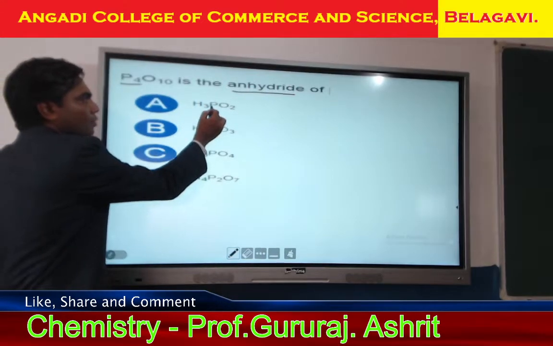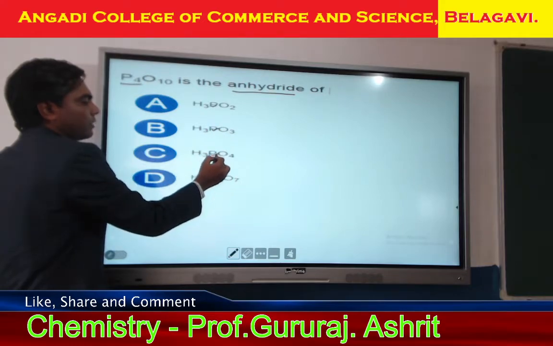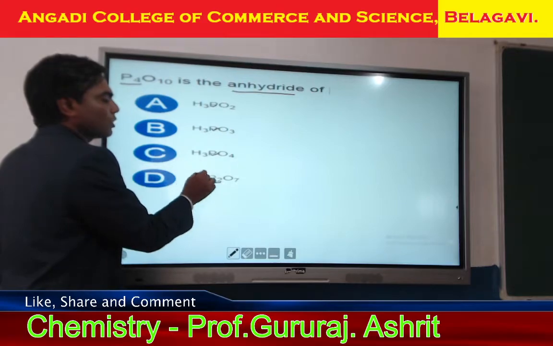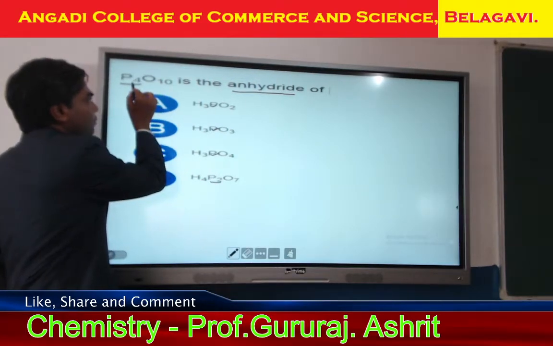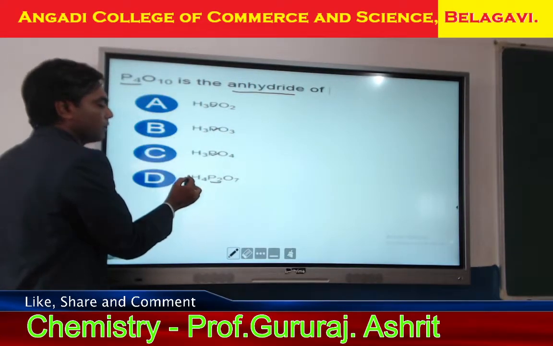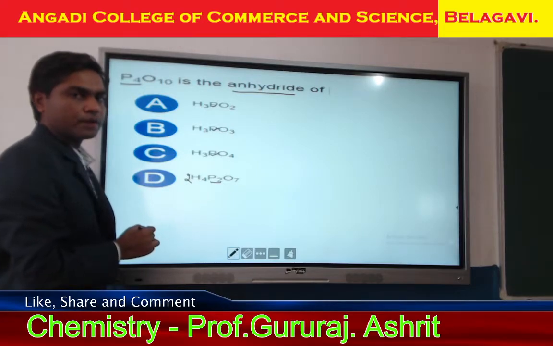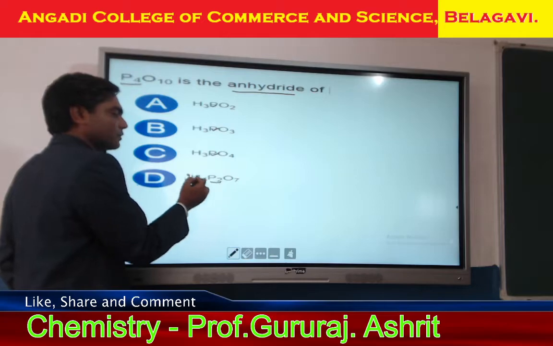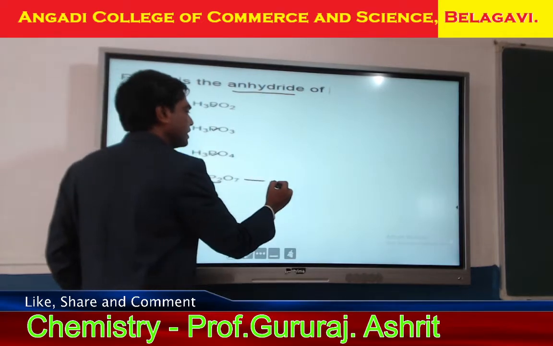Here only 1P, 1P, 1P, and here 2P are there. So what to do for this one? I want 4 phosphorus. Therefore, I will make it 2 moles of H4P2O7. When I do that, I get 4 phosphorus atoms. Just heat it.